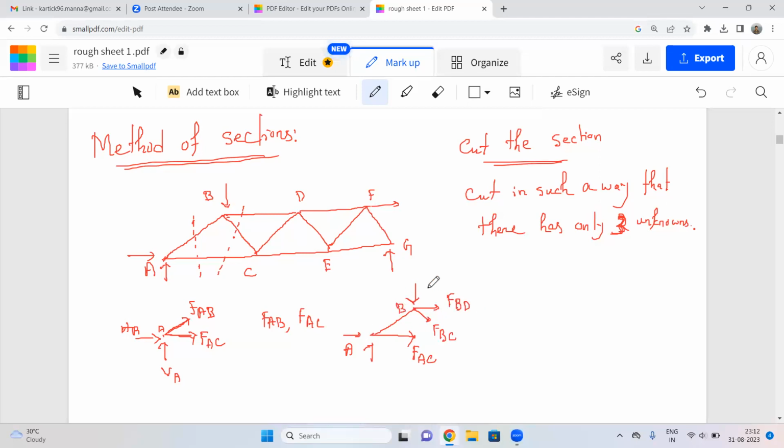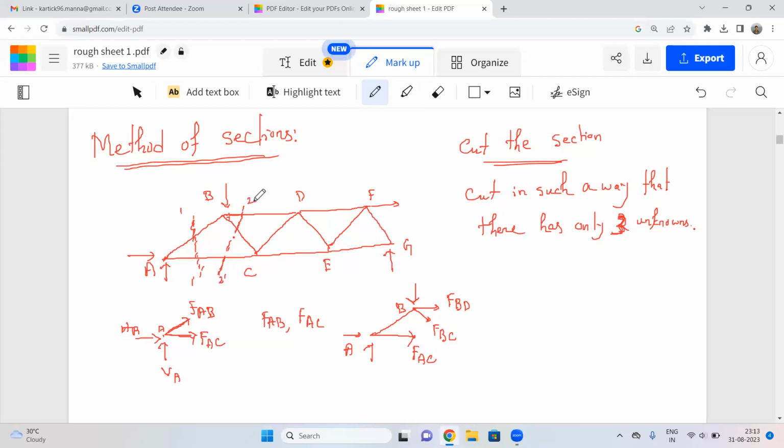So for this whole section, now look, we haven't mentioned FAB. Why? Because that is not cut here. We have cut through that portion. Suppose this is our section 1 dash, this is our section 2 dash.